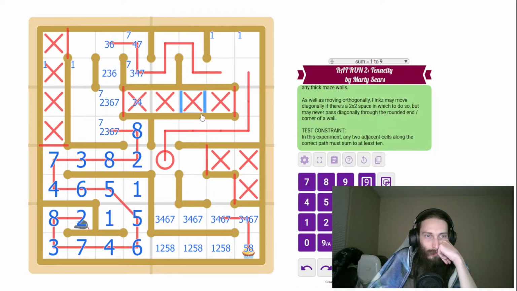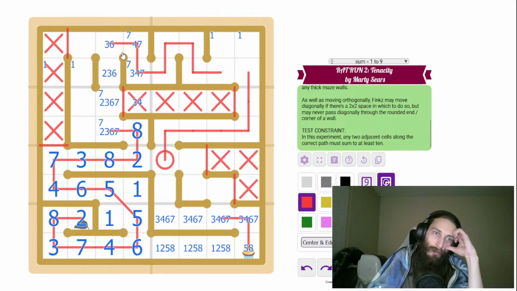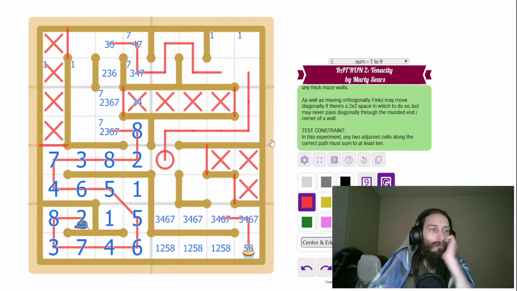All right. Okay. The line can't go down here then. Right. Because the high 3 and 6 is 9, so you can't hit 10 or more going down.